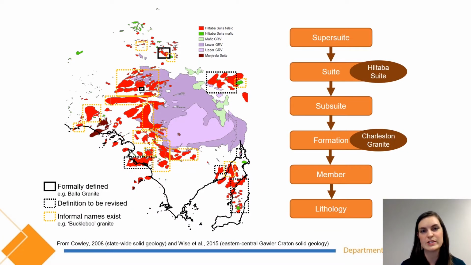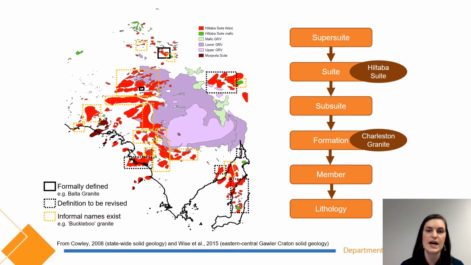Because of the importance of the Hiltaba Suite for economic mineralisation and research interest, many informal names for the plutons have been used. On this map, you can see in the black boxes those units which have been formally defined, some of which require some redefinition, and in the yellow boxes those for which informal names exist.